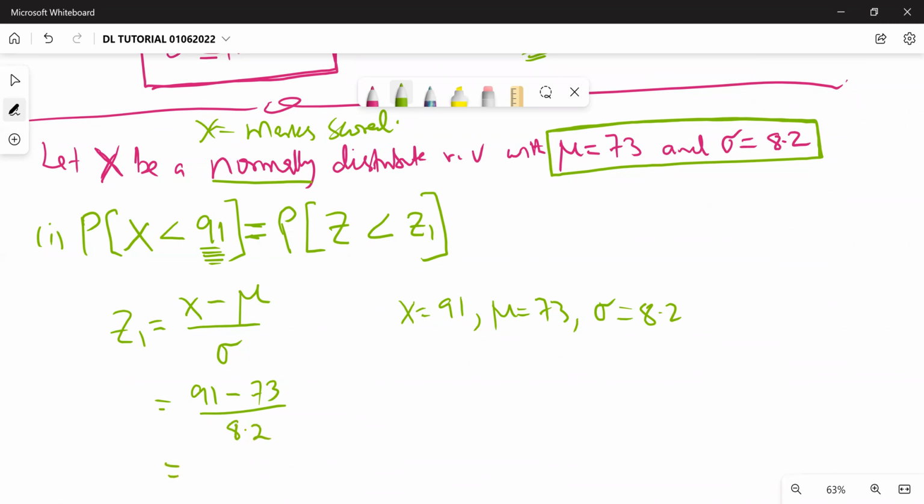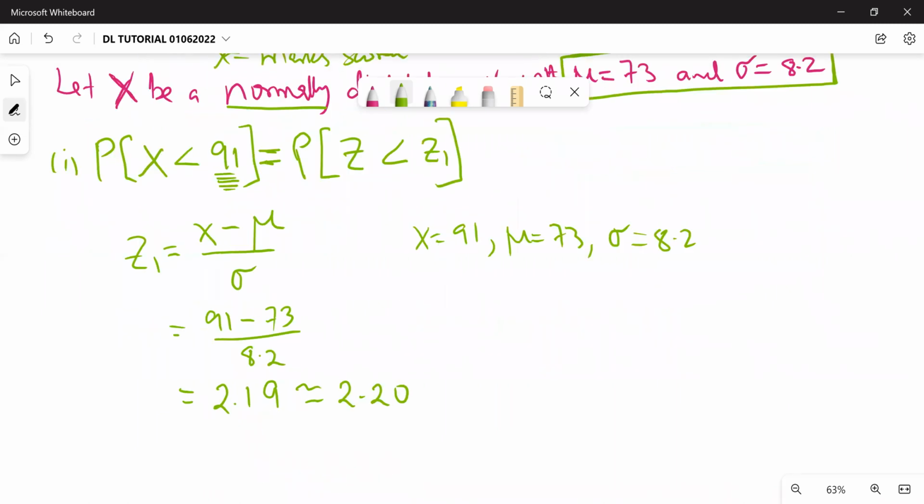So what is the value of Z that we are talking about here? We're talking about 2.195, or you can say which is approximately equal to 2.20, because we want our Z to be 2 decimal places.